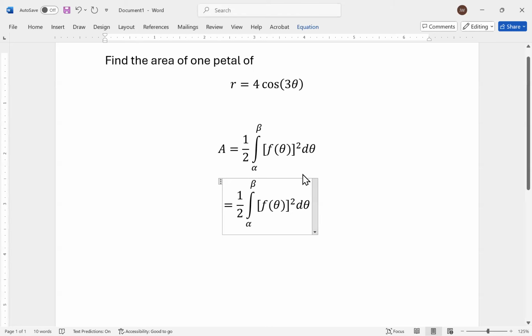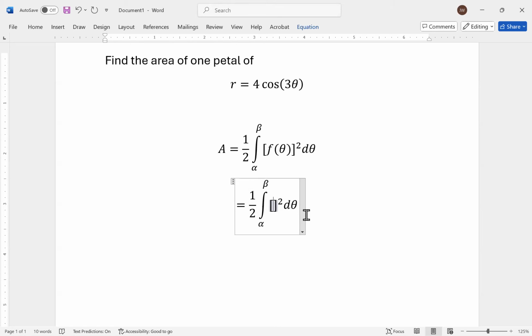For the most part, this is pretty straightforward. The big thing is that now we have the formula. 1/2 integrate from alpha to beta, my function squared with respect to theta. My function in this case is just 4 times cosine of 3 theta.